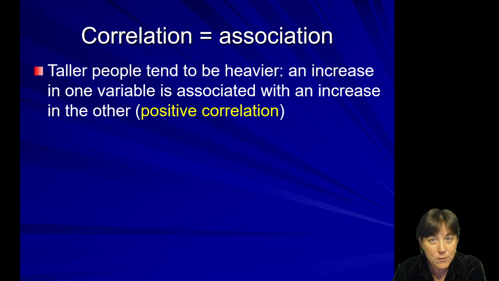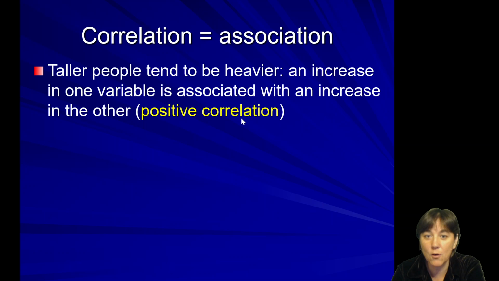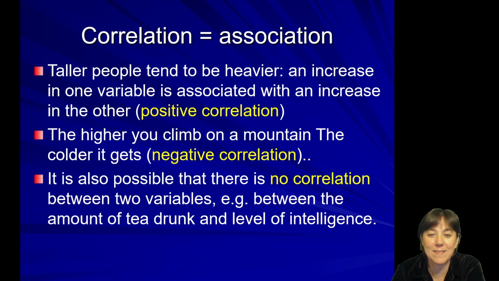So when we talk about correlation, it means there is some connection, association. The taller people tend to be heavier. Usually the increase of one variable pulling the increase in the other variable will result in a positive correlation, not always, usually. But you can also have negative correlations. A good example might be the higher you climb a mountain, the colder you will feel, the colder it gets.